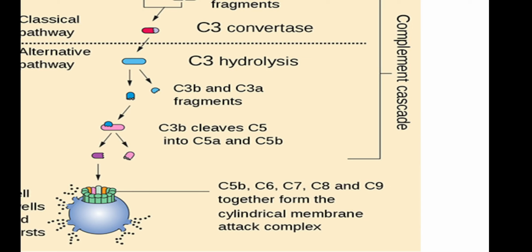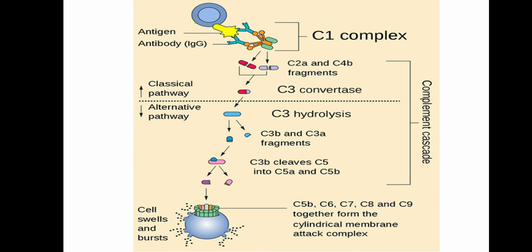Once C9 binds to the pathogen, they form the membrane attack complex, make a pore in the membrane, and kill the pathogen. This is the classical pathway of complement activation. In the next video, we'll discuss the alternative pathway and lectin pathway of complement activation. Thank you.